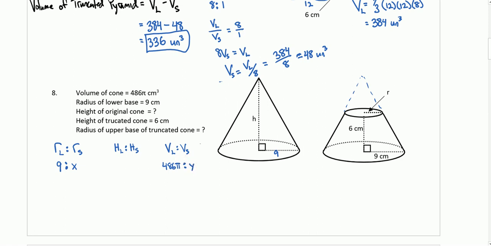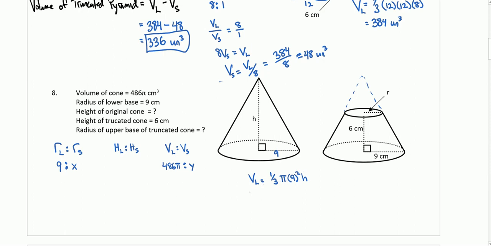But we do have a formula for the volume of a cone. So the volume of the larger one we know is 1/3 times the area of its base, which is pi times r squared, so 9 squared, times the height. And so that's going to give us the height of the larger cone.